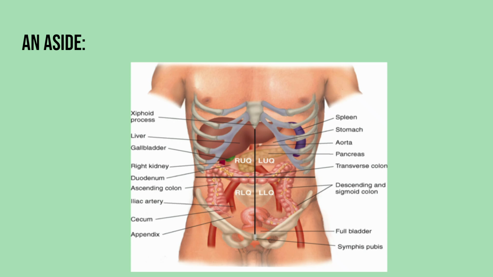Spleen, pancreas. Yeah, the spleen and the pancreas are in the left upper quadrant while the gallbladder is in the right upper quadrant. Just keep that in mind.